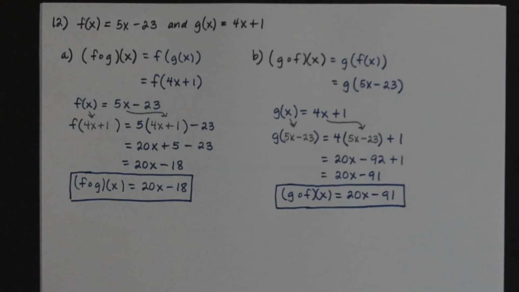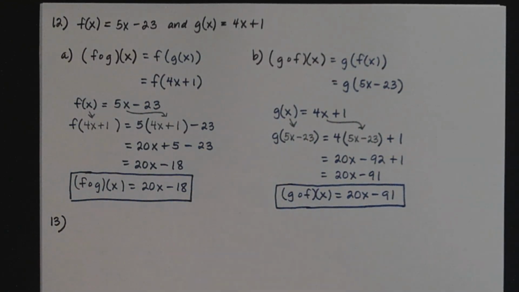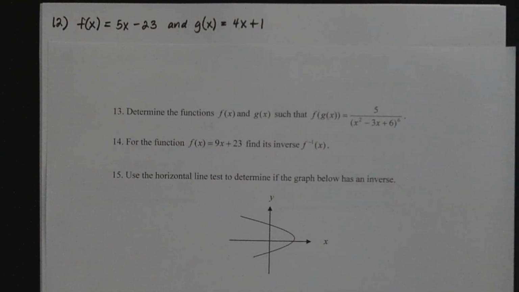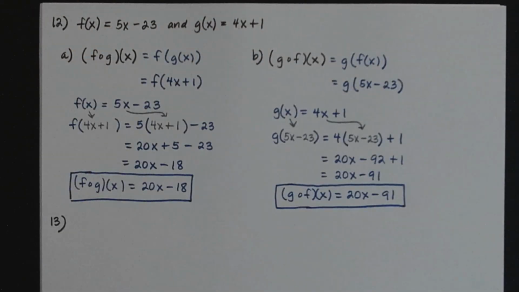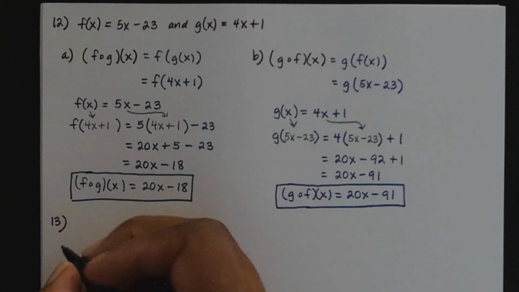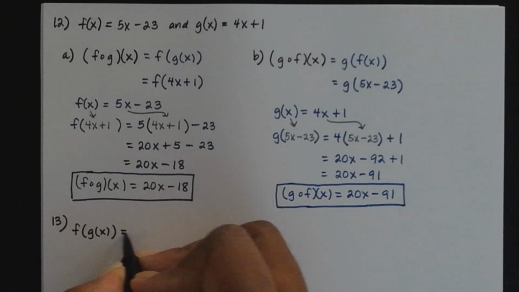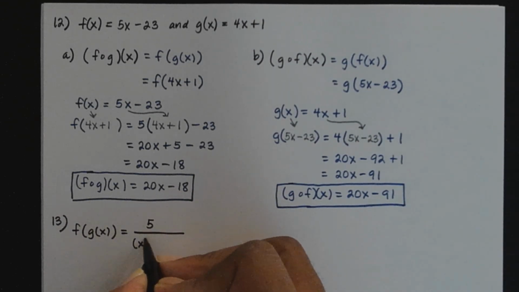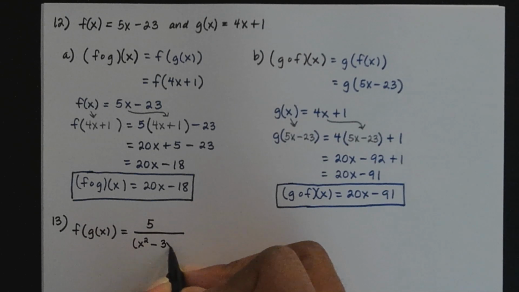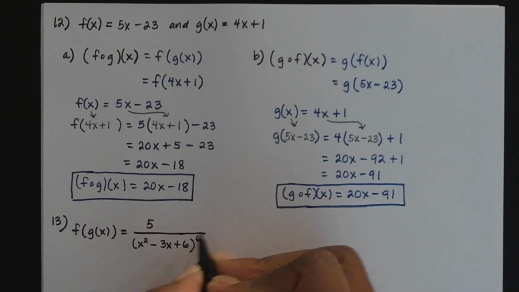All right. Number 13. Here we're decomposing this function, because you're told that f of g of x, or the composition of f with g of x, where g of x is the inside function, is going to be 5 divided by x squared minus 3x plus 6, raised to the 6th power.